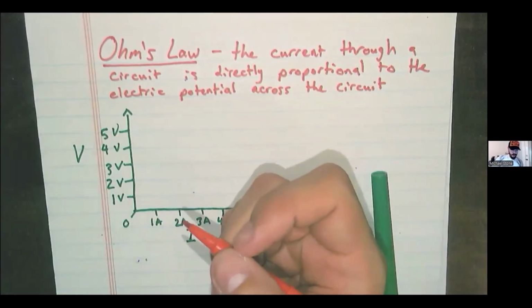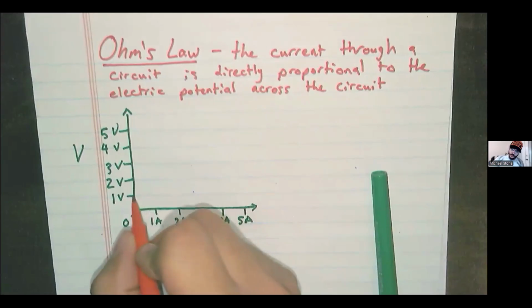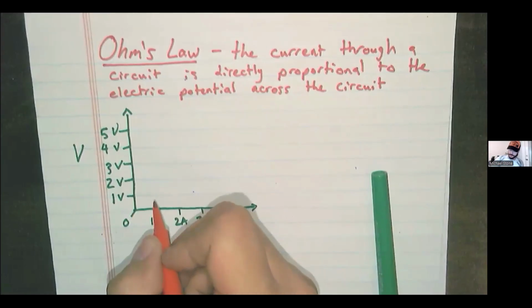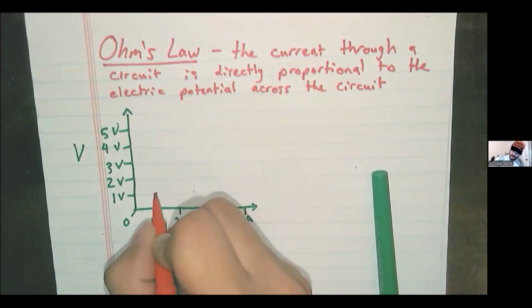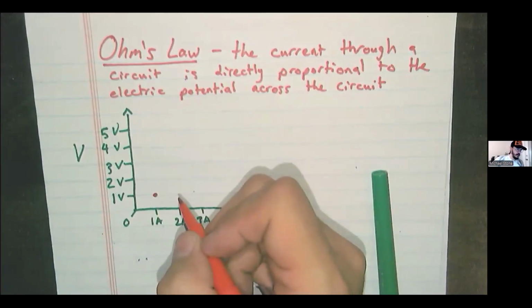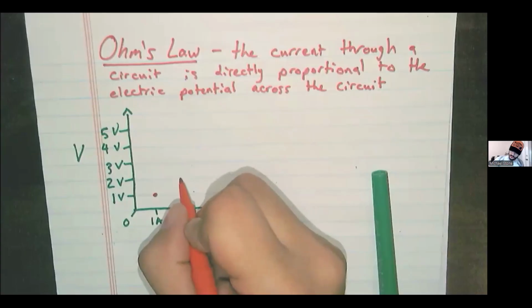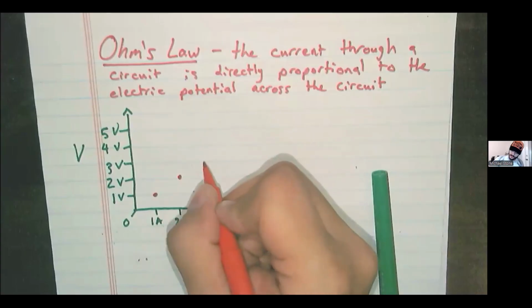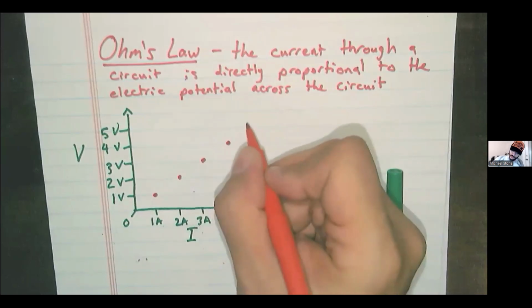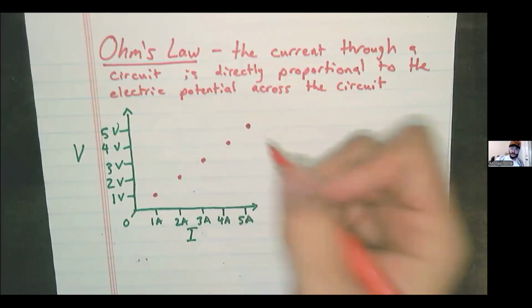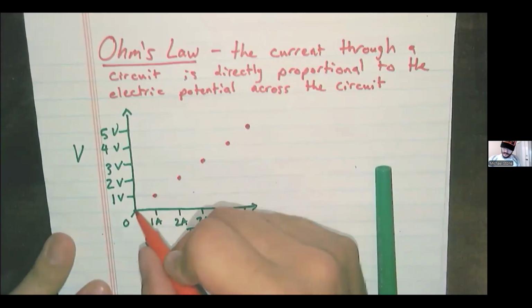So you take a given circuit and you put 1 volt across it. And let's say that that 1 volt gets you 1 ampere. Well, 2 volts gets you 2 amperes. 3 volts gets you 3 amperes. 4 volts gets you 4 amperes. 5 volts gets you 5 amperes.